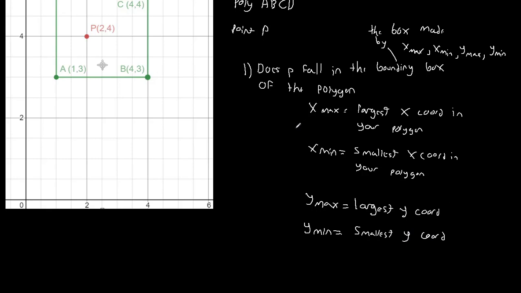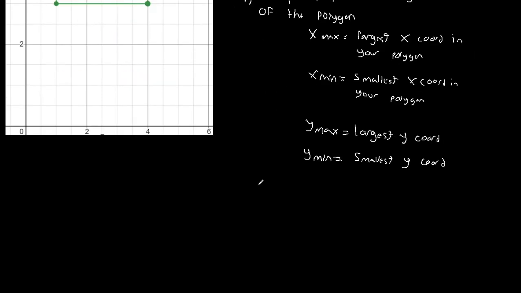Basically, this is going to look exactly like how we did the point intersections in the previous videos. We have something that looks like this: x min is less than x sub P, the x coordinate of the point, is less than or equal to x max.